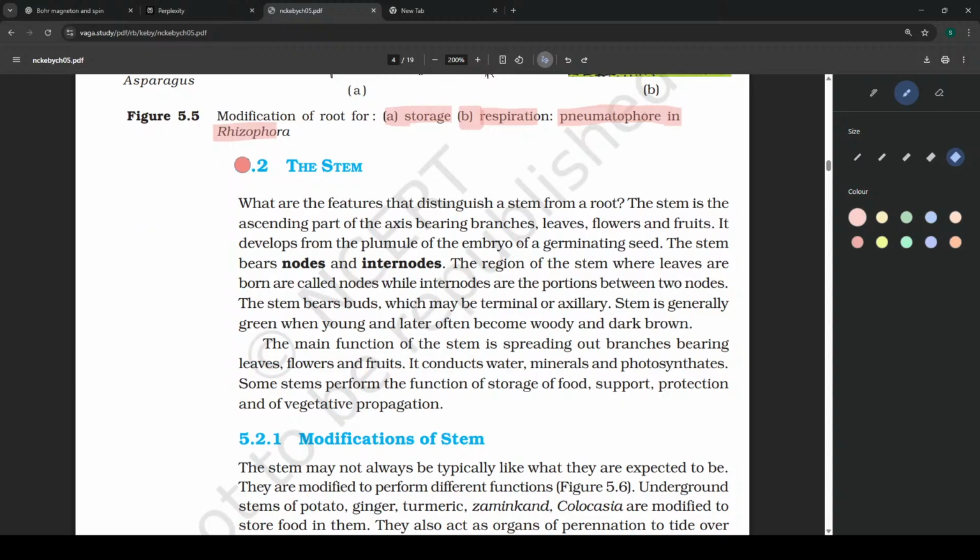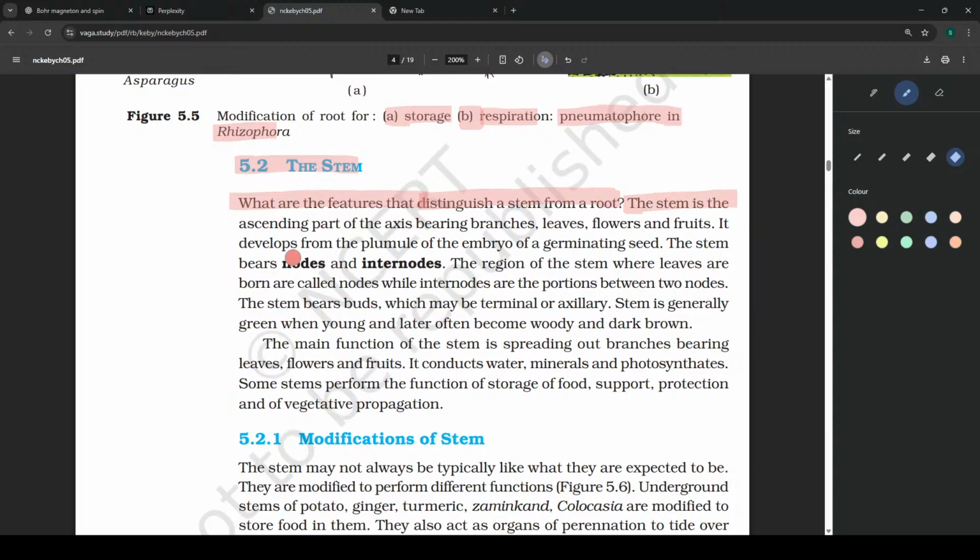Now let's go to the next main topic, that is the stem. What are the features that distinguish a stem from a root? If you observe carefully, how can you say this part, the down part, is called the root and the above part is called a stem?